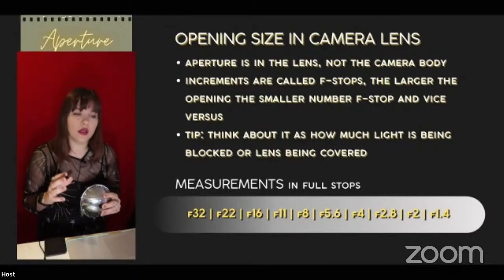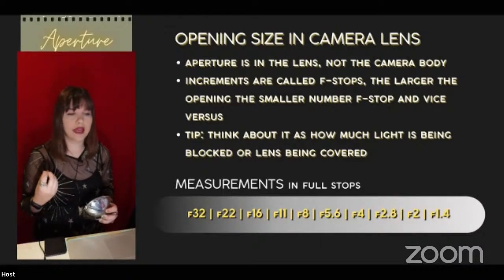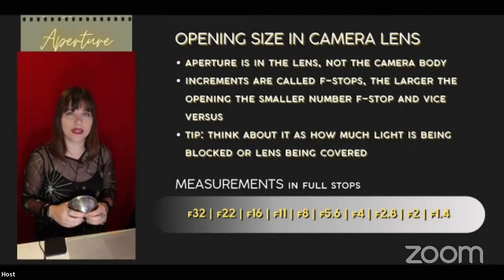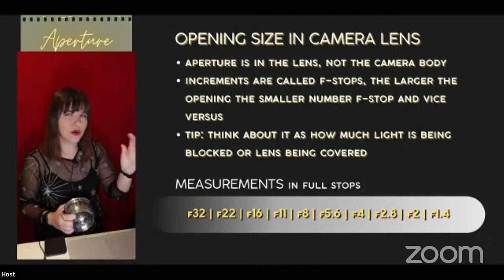Aperture is measured in increments called f-stops. And the larger the opening, the smaller the number f-stop, and vice versa. I'm not going to get into the math, but it's an f-stop because technically it's like a function equation.